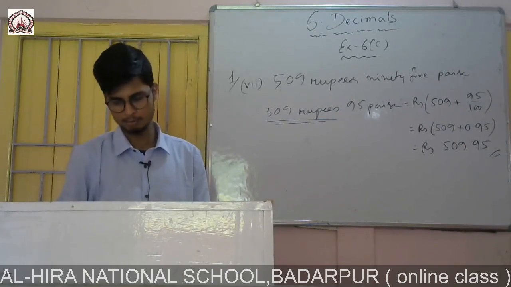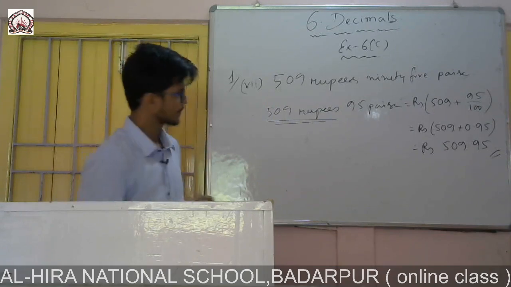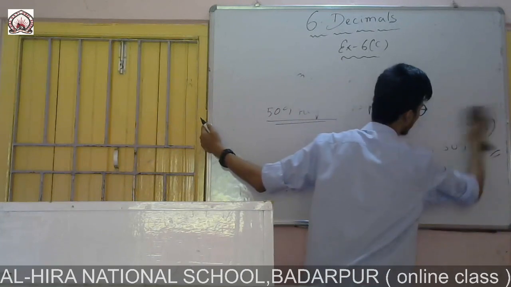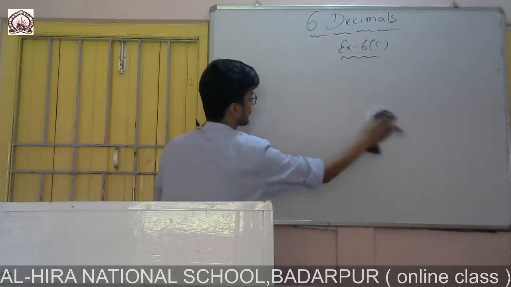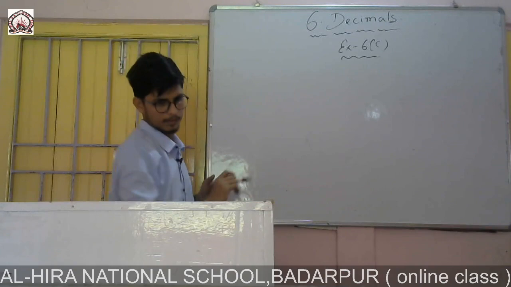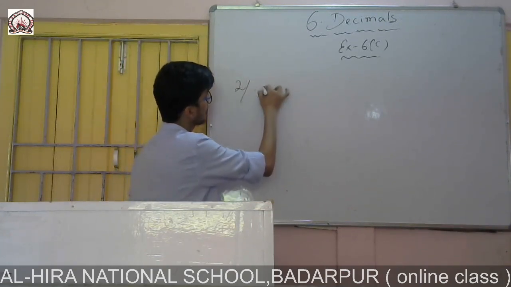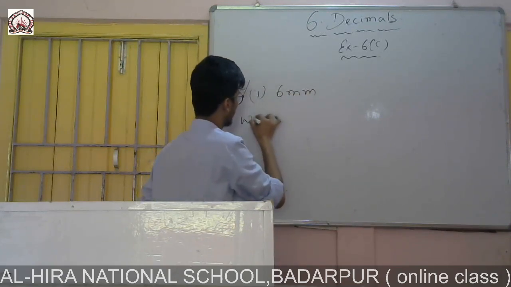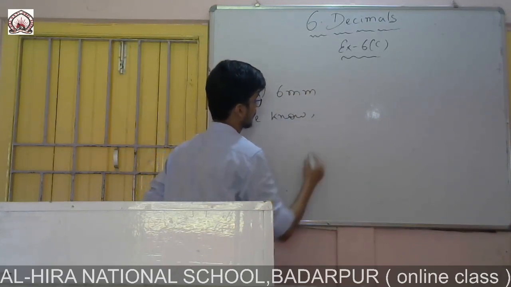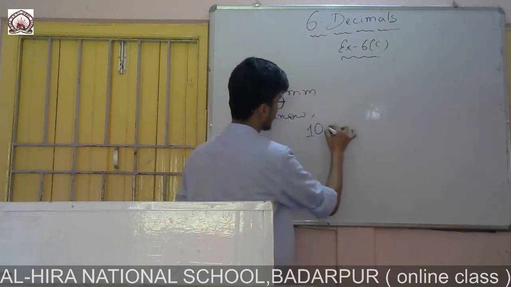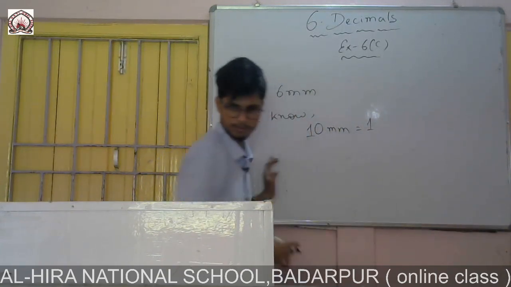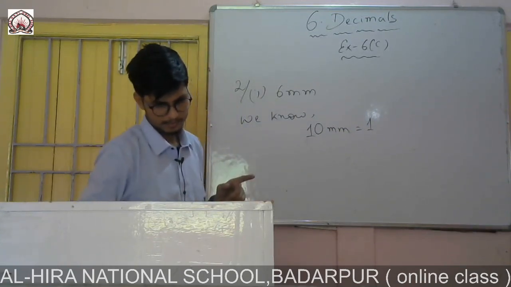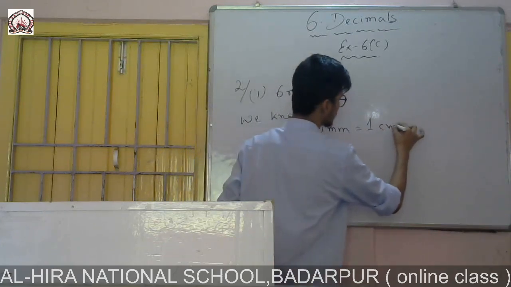Now question number 2: express as centimeter using decimals. So from millimeter you have to convert into centimeter. Number 1 is 6 millimeter. We know 10 millimeter equals 1 centimeter.